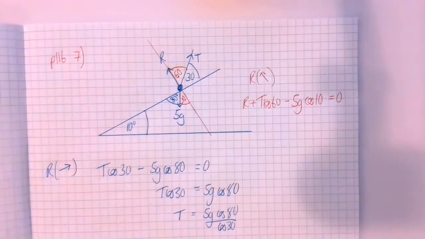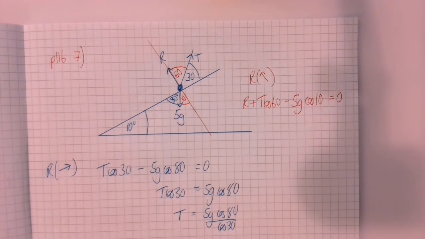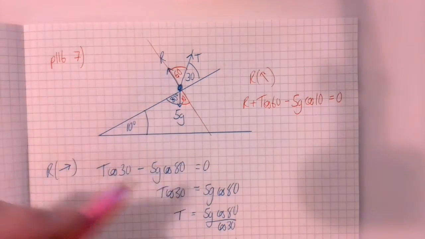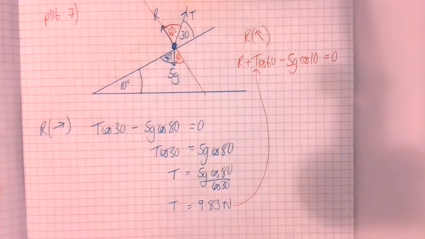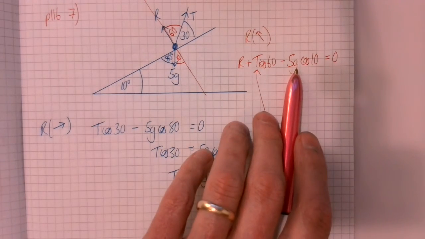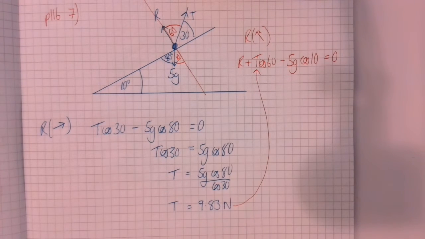And it's in equilibrium, so that equals 0. And you can then go on and work out R. I've just worked out t down here, stored the exact value. So R is going to be equal to 5g cos 10, take away t cos 60, using the exact value of that one.